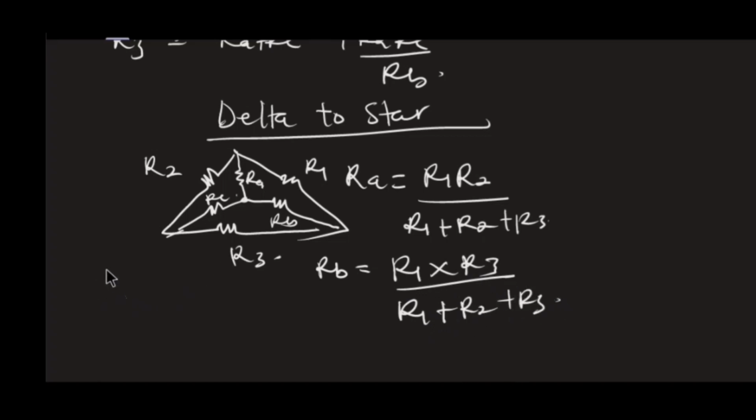This formula seems simpler than the star to delta. Finally, our RC is between R2 and R3, so R2 times R3 all over R1 plus R2 plus R3. And that gives us our delta to star transformation.